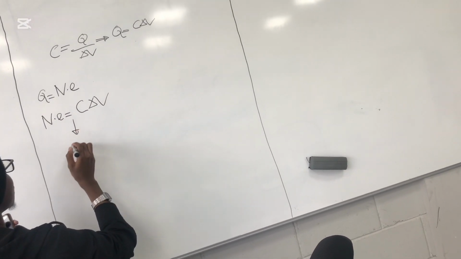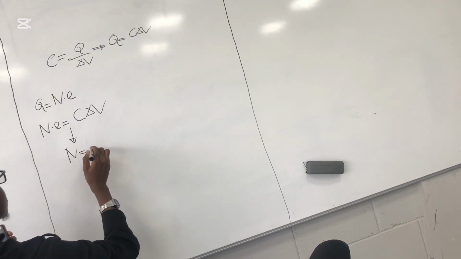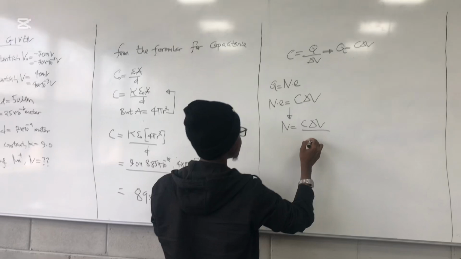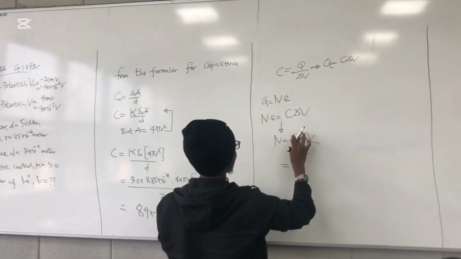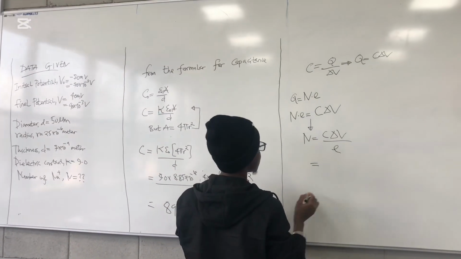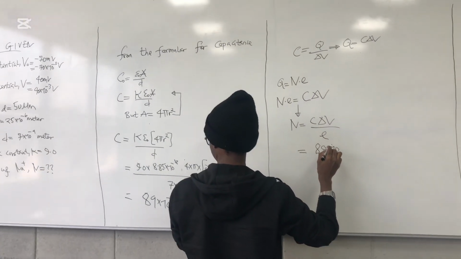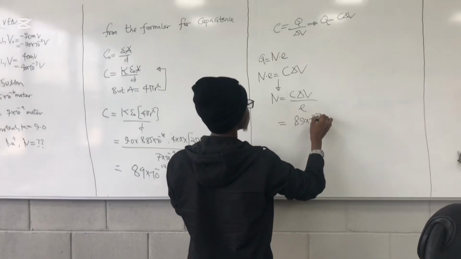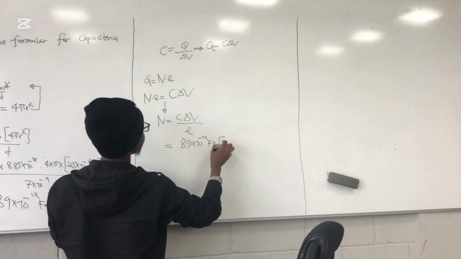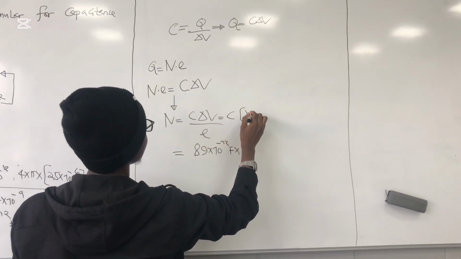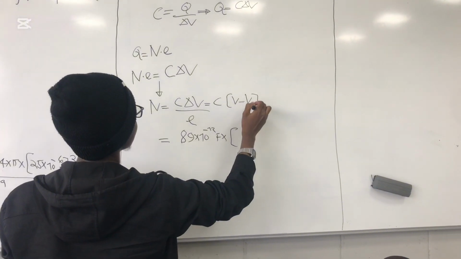So the number of sodium ions is equal to capacitance times change in potential divided by the charge. It will be equal to the capacitance we have already calculated, 89 times 10 power negative 12 Farads, times the change in potential, which is the final potential V minus the initial potential V initial.